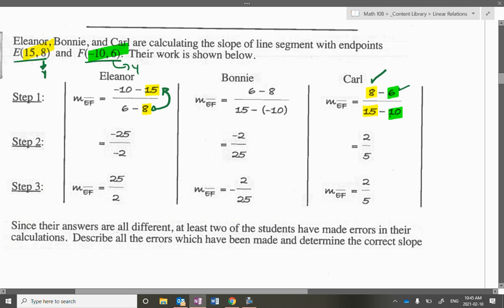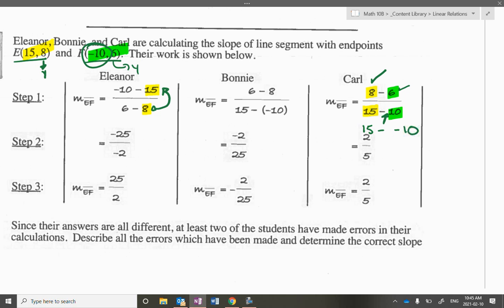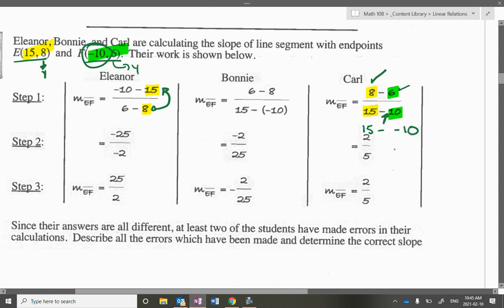The mistake here is it should be 15 minus -10. That coordinate on our F is a -10. So if I subtract -10, what do we get? 25. So this one should actually be 2 over 25. So all 3 of them are wrong.